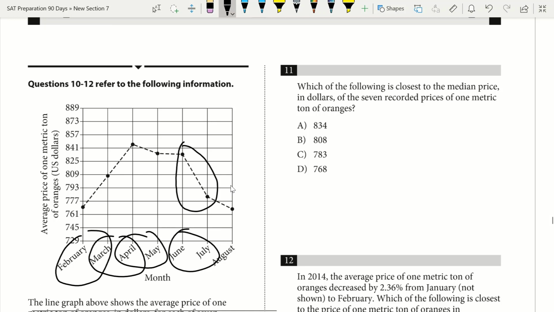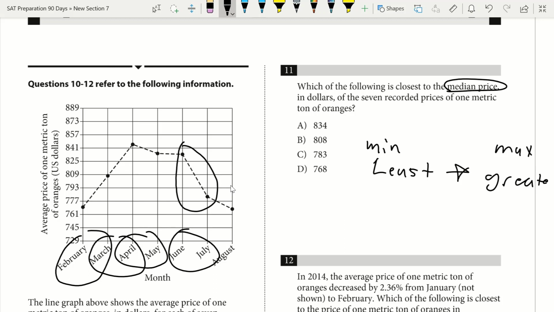Question 11. Which of the following is closest to the median price in dollars of the 7 recorded prices of 1 metric ton of oranges? Okay, median. I talked about this before. Median means that we're going to arrange it from least to greatest, then take off minimum, take off maximum, take off our next minimum, take off our next maximum, until we get to our middle term.